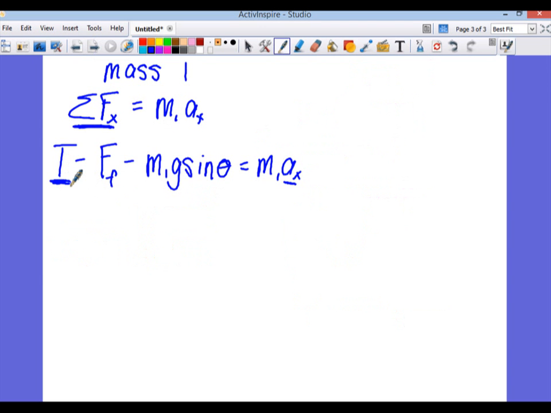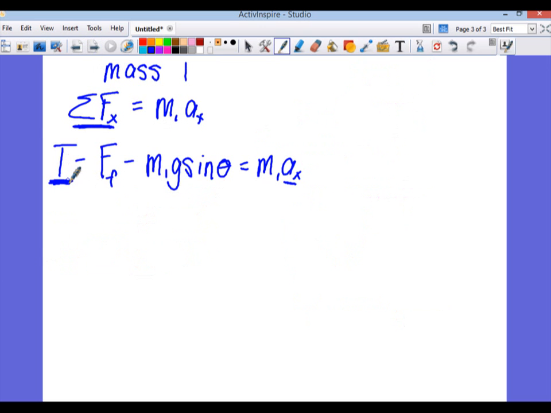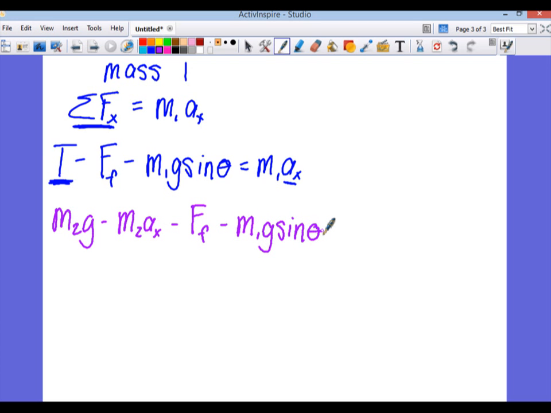So this m2g minus m2ax equals T. This part will go in right here. So this will look like m2g minus m2ax minus my force of friction minus m1g sine theta equals m1ax.